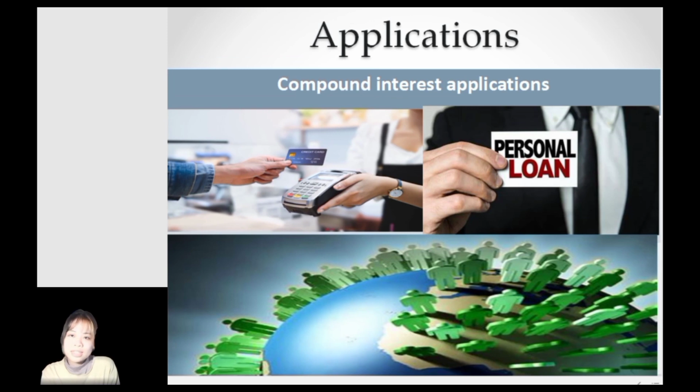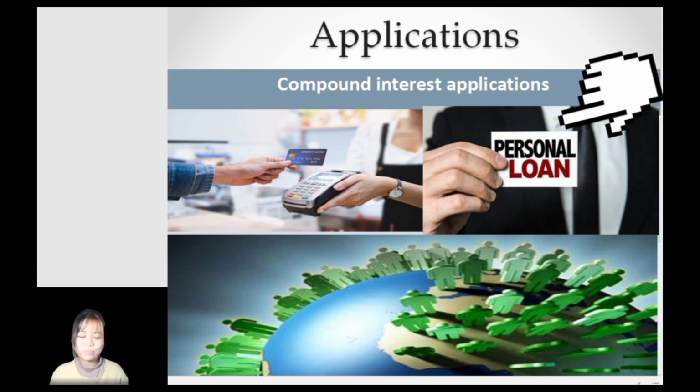One of the main applications of the compound interest formula is the calculation of the growth of populations. We can see it in bank transactions, where compound interest is calculated on our principal amount plus our accumulated interest. And in loans too, compound interest works against us.